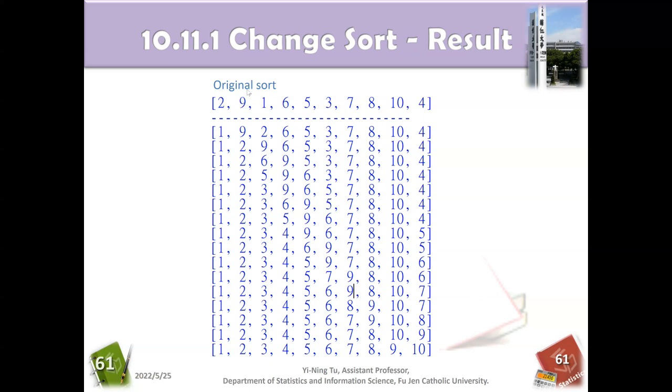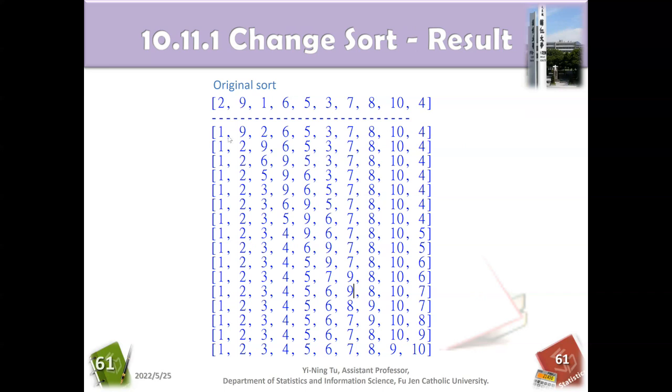But we compare to the next one. I start from j, which is now fixed at index 0, and i starts from index 1, so it's j plus 1. Because the first did not exchange, i moves to index 2 and the value is 1. It is smaller, so it will exchange. Then compared to 6, no exchange, no exchange, no exchange.